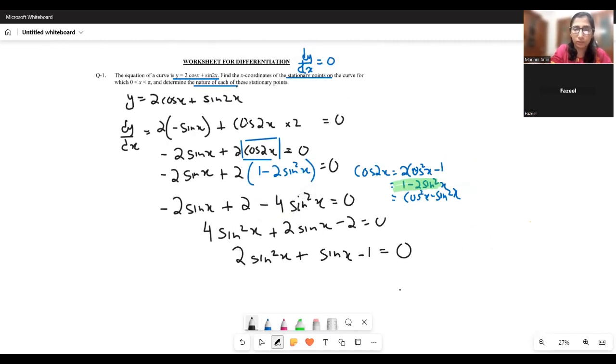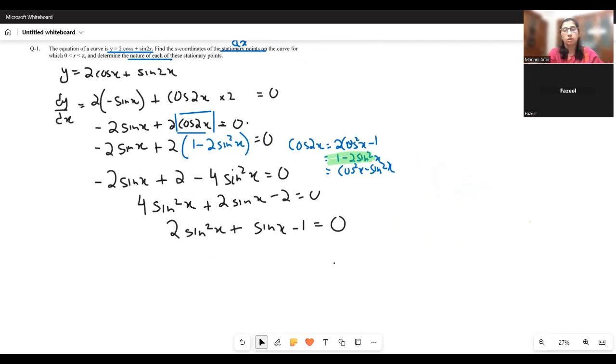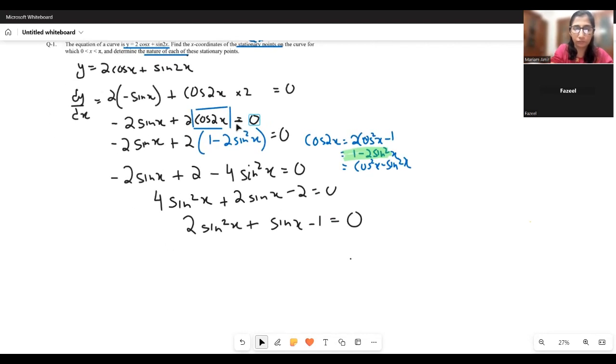This is a hidden quadratic equation. Solve it using middle term breaking. So you get sine x equals half. You have to use quadratic formula or middle term breaking. I've directly found this using the calculator.